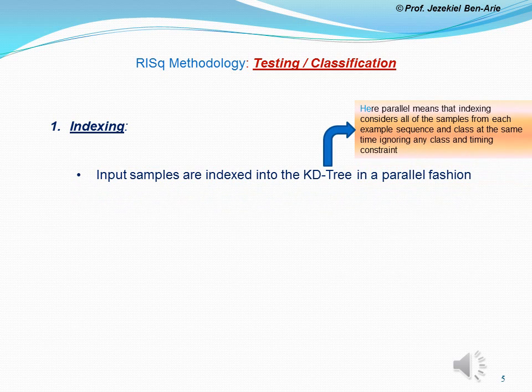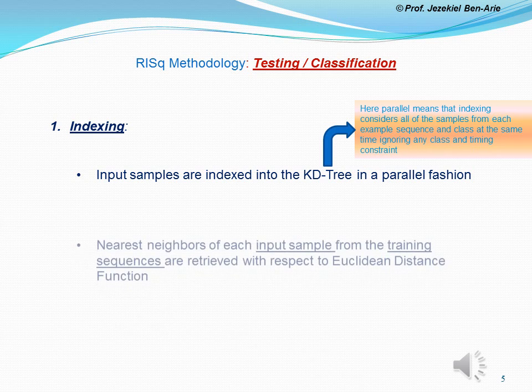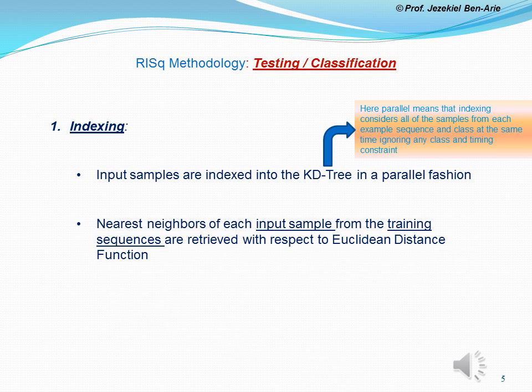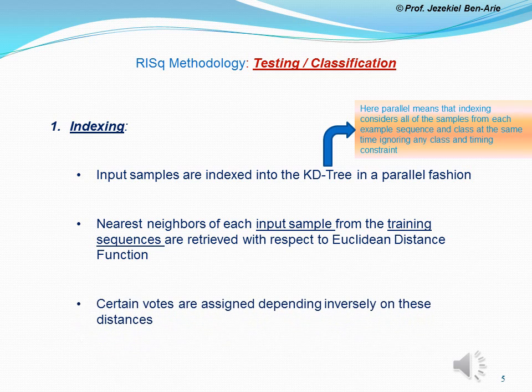Here, parallel means that indexing considers all the samples from each example sequence and class at the same time, ignoring any class and timing constraint. Then, the nearest neighbors of each input sample from the training sequences are retrieved with respect to Euclidean distance function. Finally, similarity scores are assigned depending inversely on these distances.